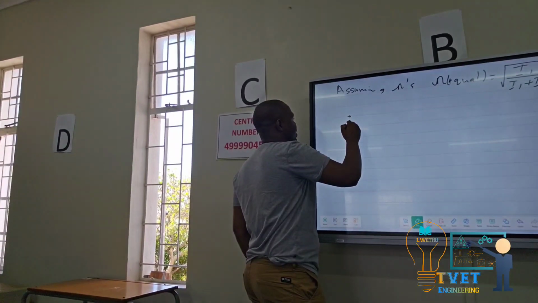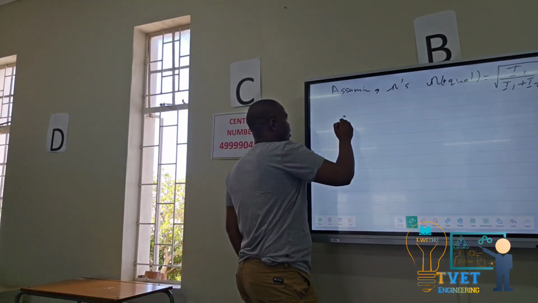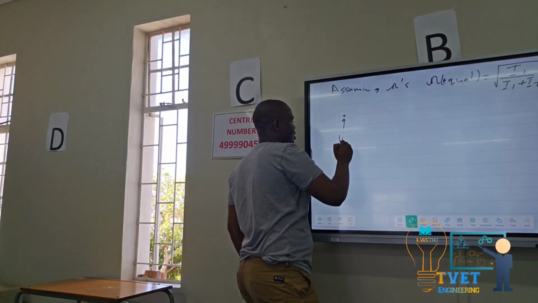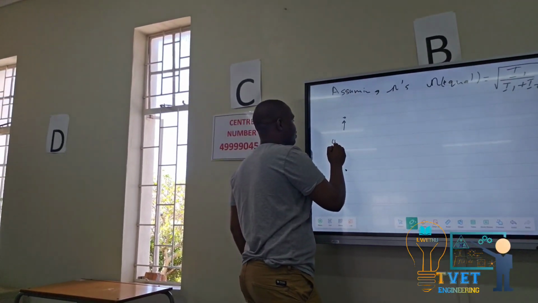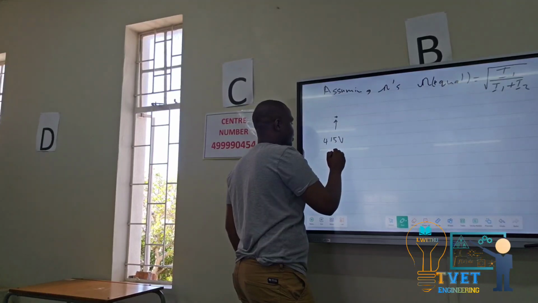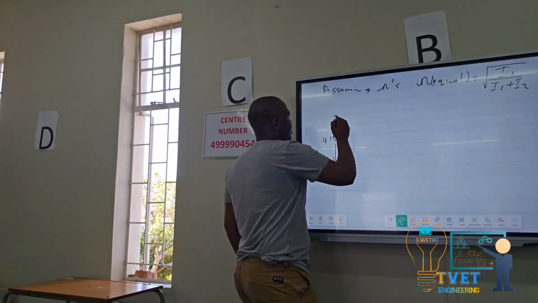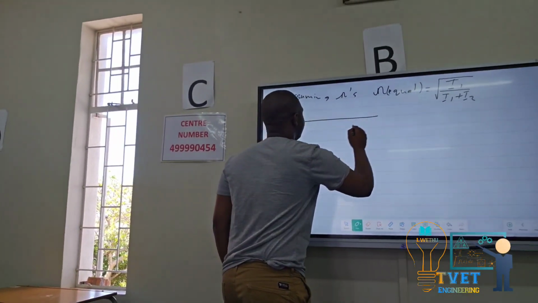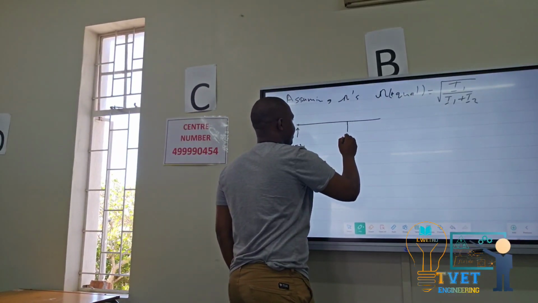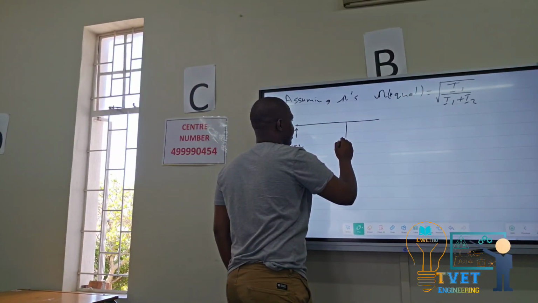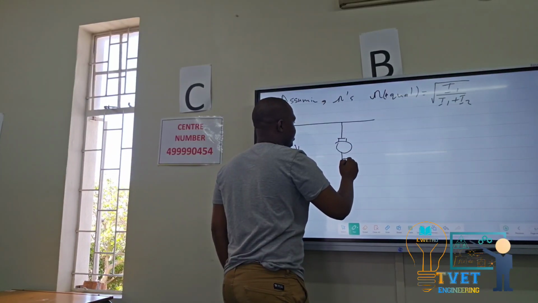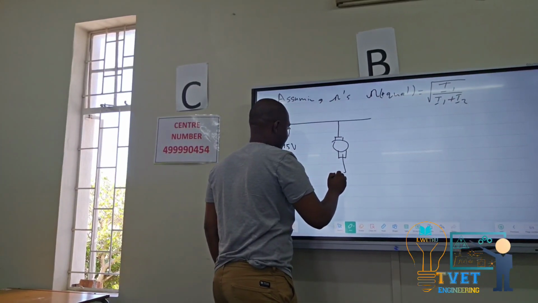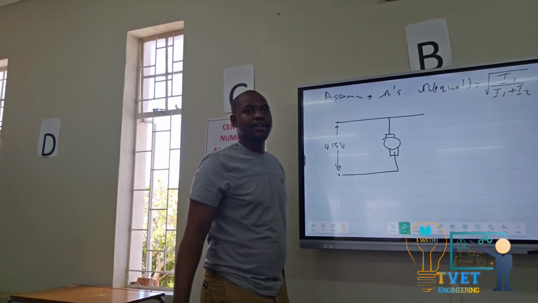So we're going to have our voltage source, with a value of 415 volts. Then the armature of the motor.